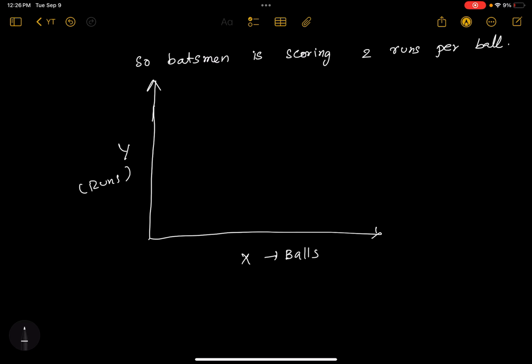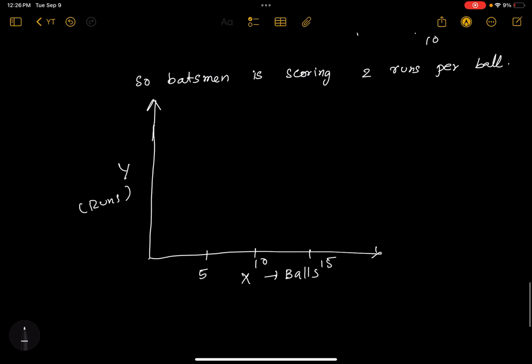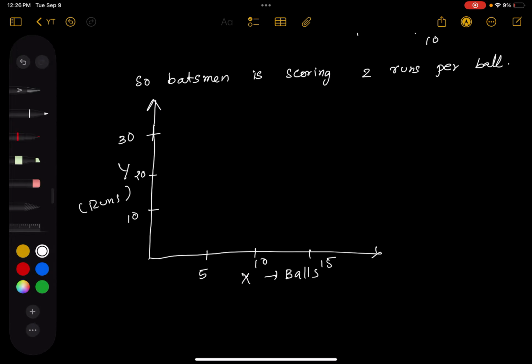At 5, 10, 15 balls, I have 10, 20 and 30 runs. Let me choose some other color.